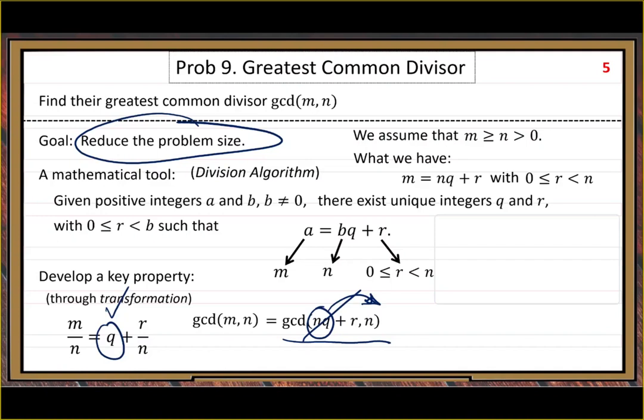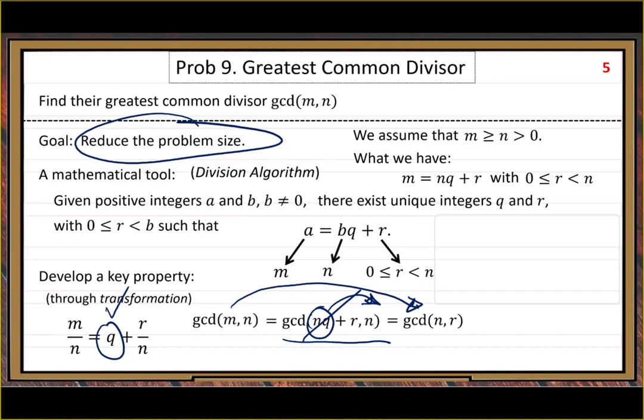So we can simplify it. Our simplification becomes GCD of n comma r. After this formula transformation, do you get a size reduction? The problem size is reduced.